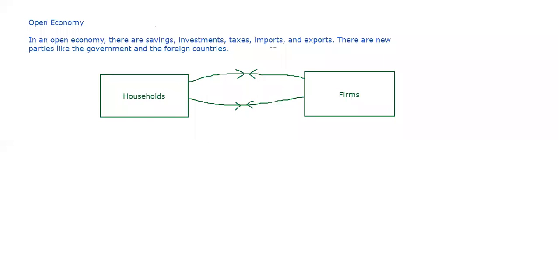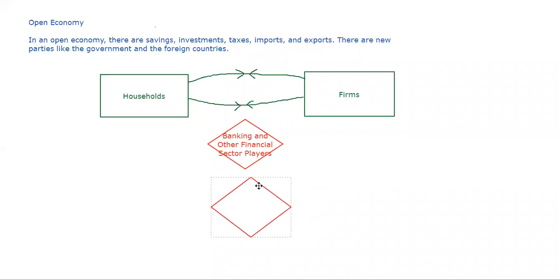Yeah. So now we add three participants to this model. Participant number one is banking and other financial players. Yeah, slightly big title it is. Okay. Then you have another player that is called the government.